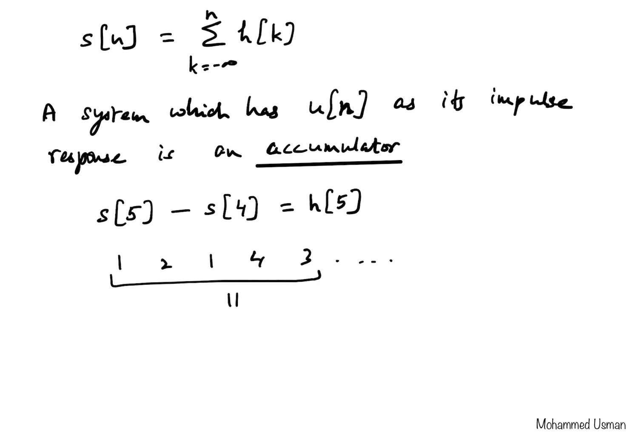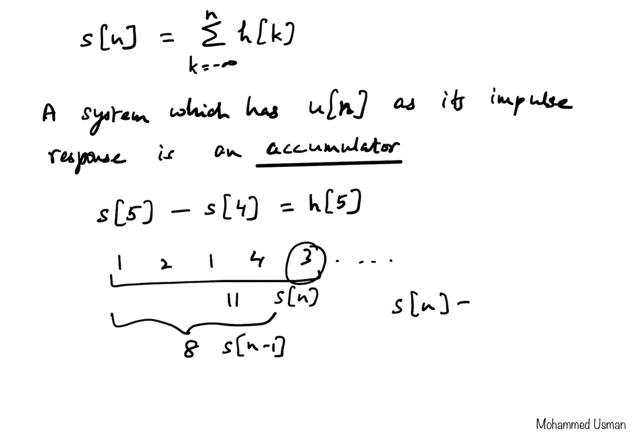Now, if we took this sum and subtracted it from the sum of the previous digits, that is, excluding the last digit, that sum is 4 plus 1 is 5, plus 3 is 8, right? So that is S of n, and this is S of n minus 1. We have excluded the last term that we added, so the difference, S of n minus S of n minus 1, is 11 minus 8 equals 3, which is the last term we added to S of n.